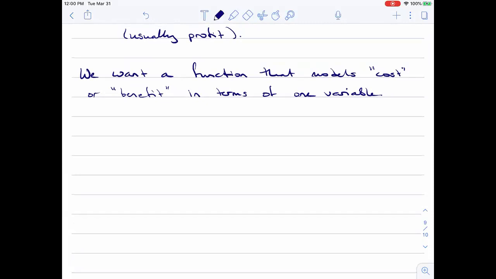So what we're going to do is, usually we'll have more than one variable, but we're going to be given some constraints that we can incorporate, and we can rewrite the function that we're interested in terms of one variable. So for all our problems, we're going to be able to boil it down to one variable.